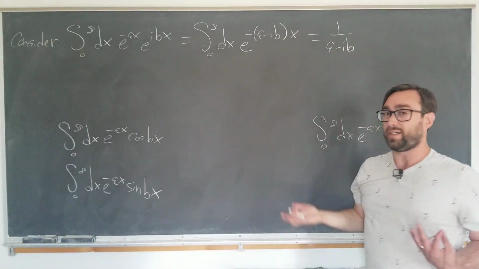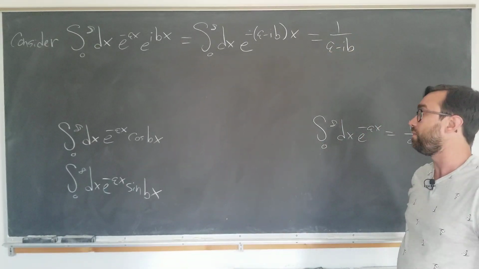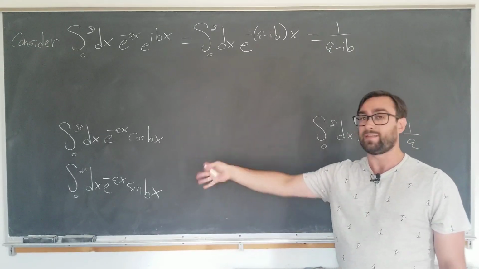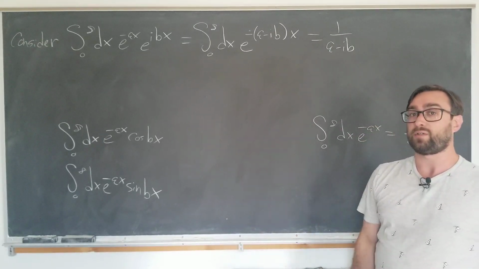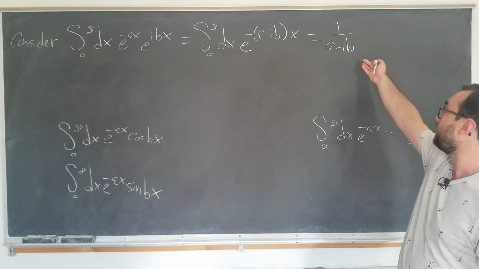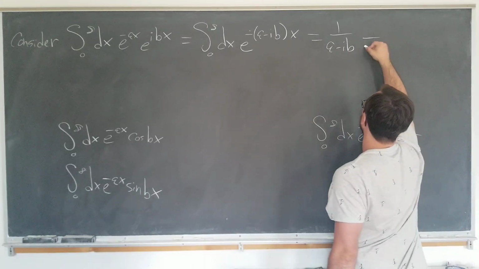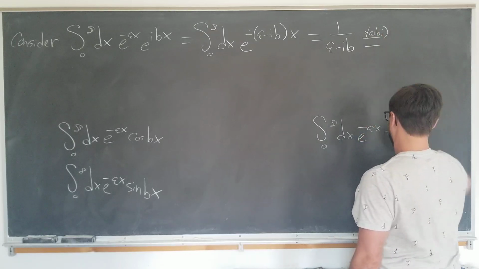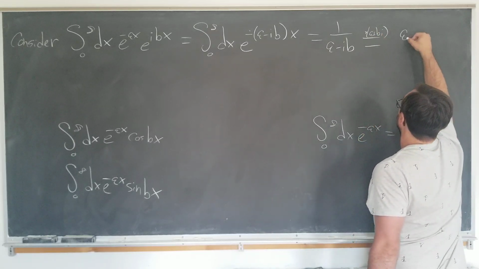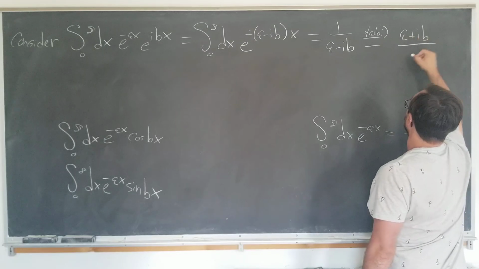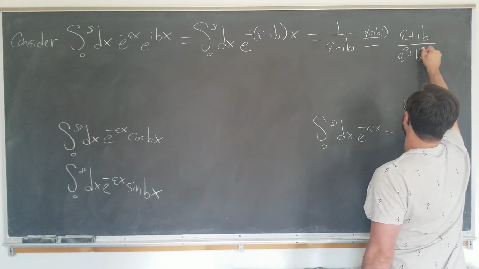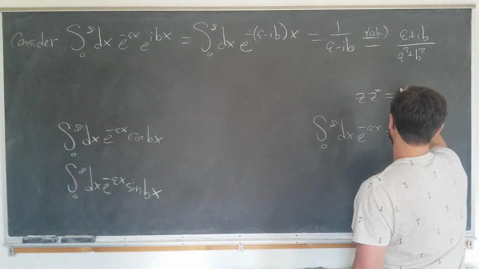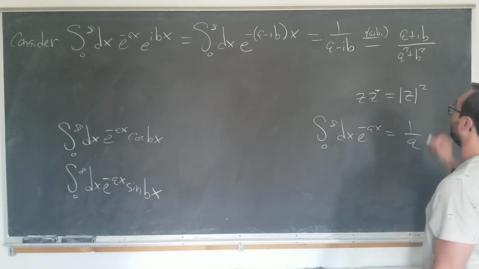So the integral is done, but it's not useful yet because we need to take real and imaginary parts to get these integrals. Well, that's pretty straightforward. We'll just multiply by the conjugate of the denominator. That's just going to be a plus ib over a squared plus b squared, since of course any complex number z times z star is equal to the absolute value of z squared.